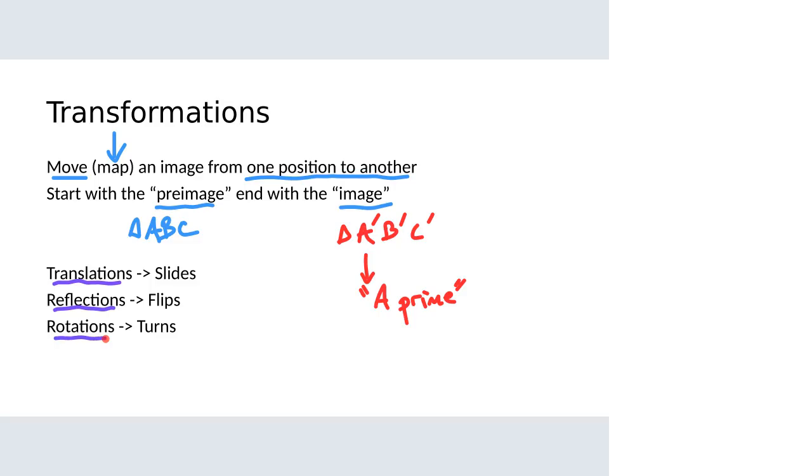But if you were working with students, instead, you might just call them slides, flips, and turns. So those are going to be our synonyms. For translation will be slide, for reflection will be flip, and for rotation will be turn. Let me know if you have any questions about any of those before we dive into these transformations.